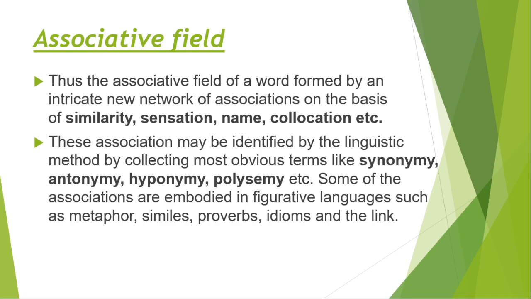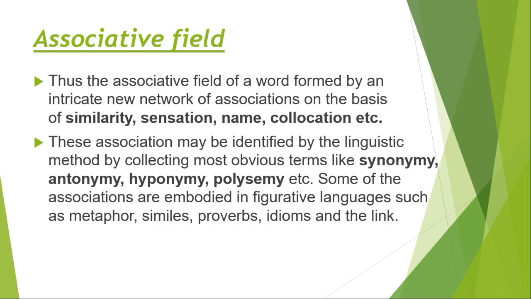Sense relation is a kind of relation in which every word has a semantic relation with another word. These lexical relations are sense relations: synonymy, antonymy, similes, proverbs, metaphors, so many. There are so many, and it is only because of their meaning networks and this association in meanings.